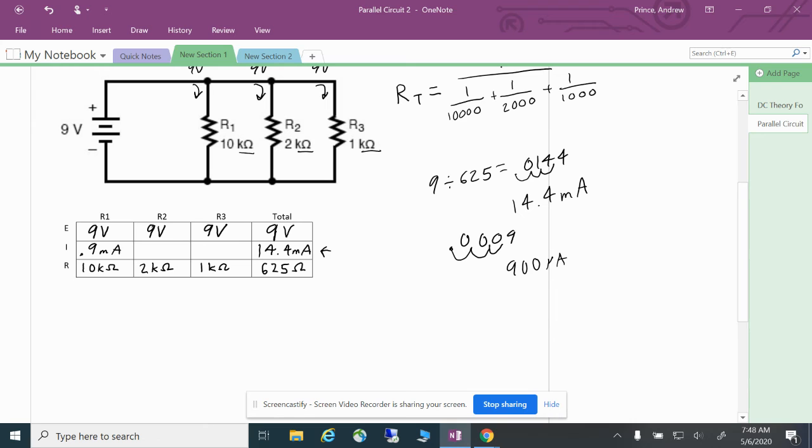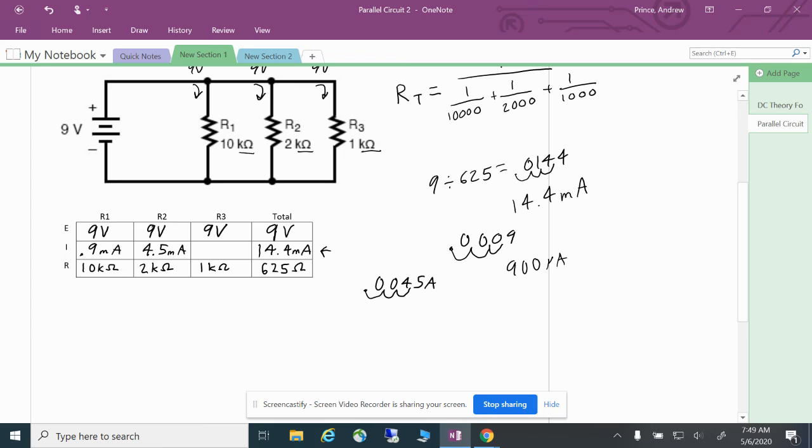So the next one, resistor 2, we got 9 divided by 2000, which gives us 0.0045 amps. So if we move that over 3 spaces, that gives us 4.5 milliamps.